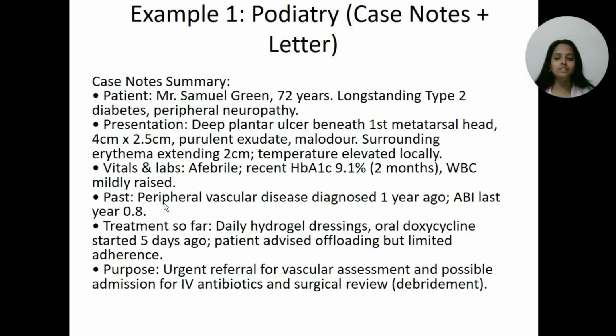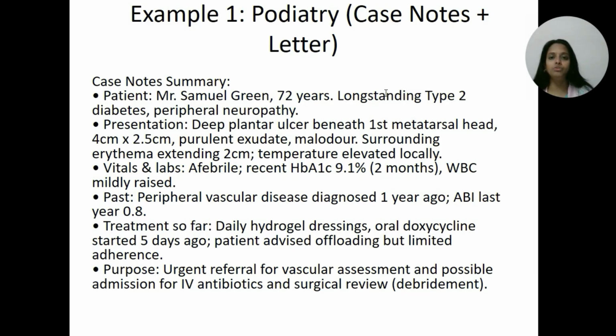Past history: peripheral vascular disease diagnosed 1 year ago, ABI last year 0.8. Treatment so far: daily hydrogel dressings, oral doxycycline started 5 days ago, patient advised offloading but limited adherence. The purpose is urgent referral for vascular assessment and possible admission for IV antibiotics and surgical review. So these are the case notes.